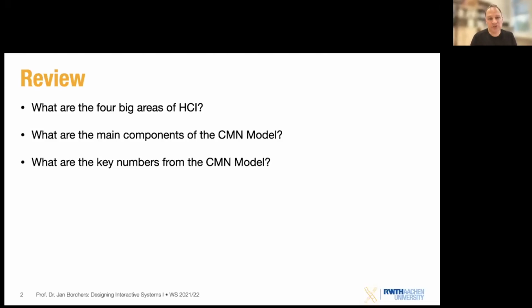And also associated to the CMN model, of course, is memory. Processors can't do much without memory. So the CMN model models the human brain as having some working memory, short-term memory, if you like, that has some visual and audio image stores. And then it has long-term memory where we store things for later retrieval.